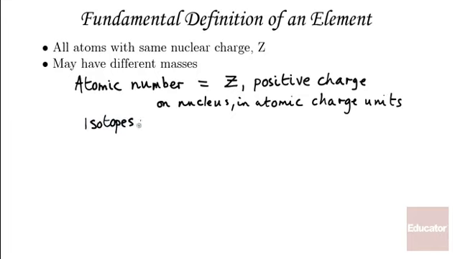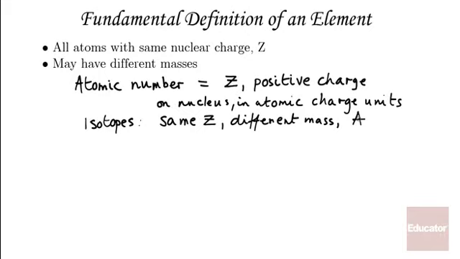To be very specific in our definition, isotopes have the same Z, but different mass, which is symbolized by the letter A. Same Z, different A.